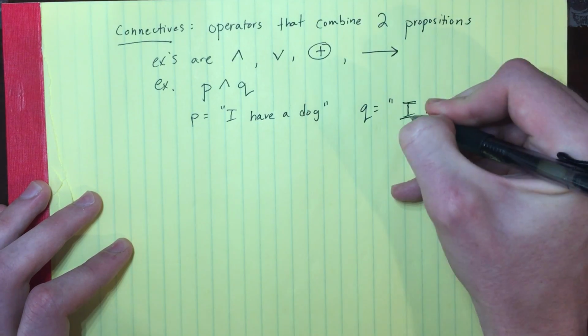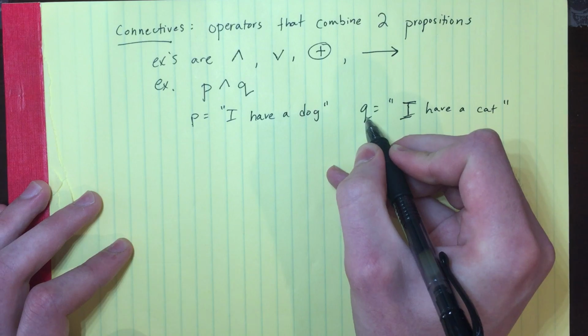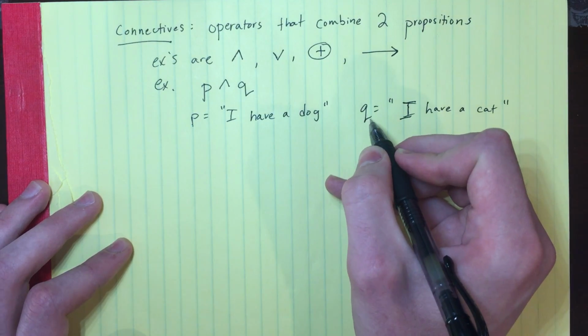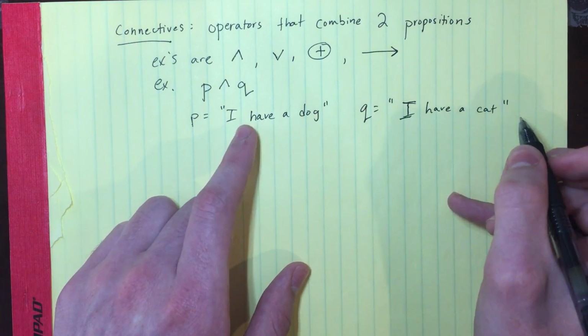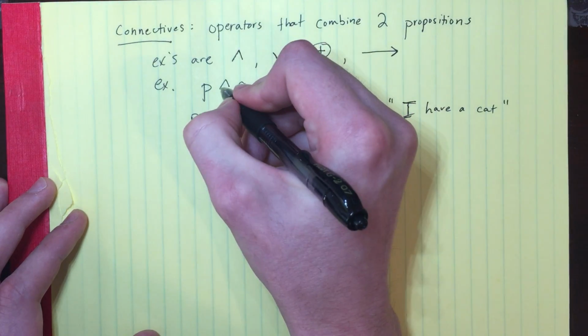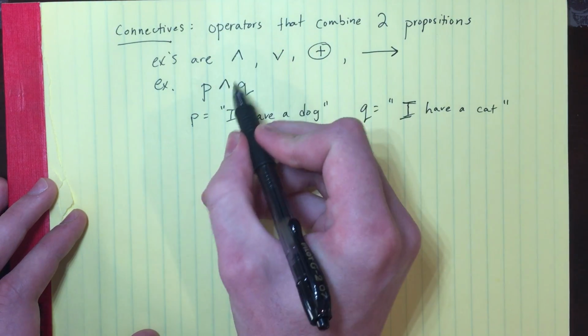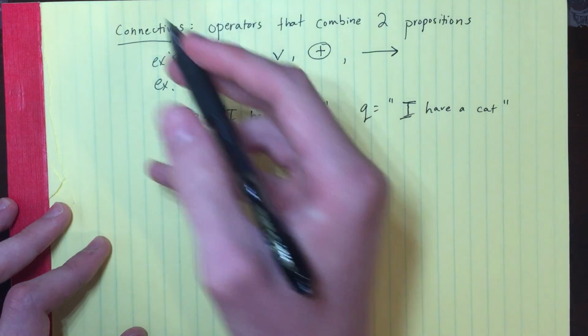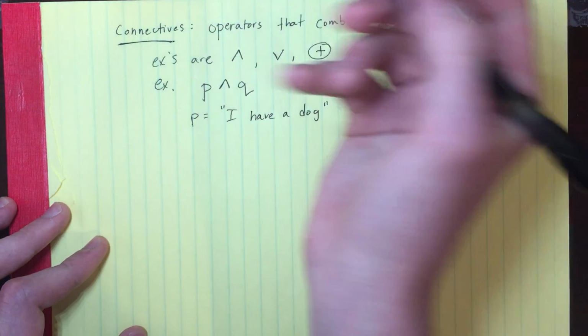Remember, Q and P are propositional variables, right? And a propositional statement, which P and Q represent, is either true or false. I have a dog could be true or false. I have a cat could be true or false. On these propositional statements, we can use these operators. We learned about the not operator, and there are also other operators.